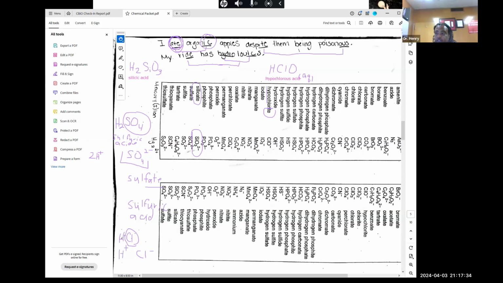Now they're coming together to make this acid, so it would be called hydrochloric acid. When there are no oxygens, we put hydro there, and we put ic and acid.